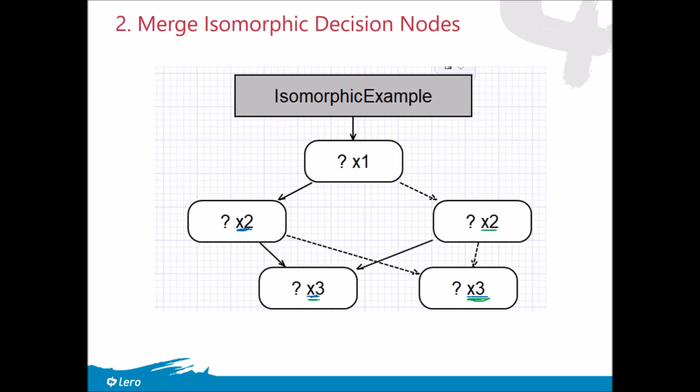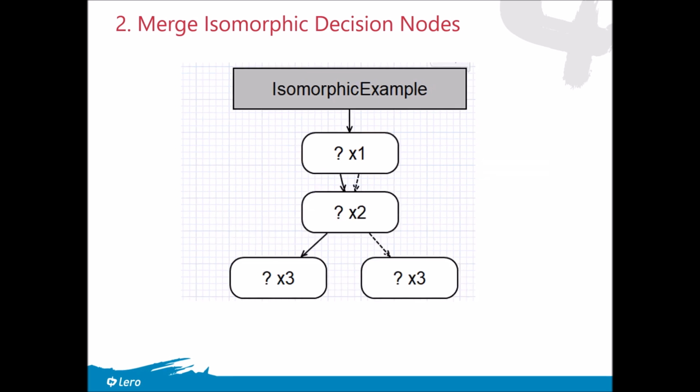Both low pointers go to the same child, both high pointers go to the same child, and they're both x2 parents. This means we can now join these two x2s together, or merge them. So now we have our final decision diagram. Notice we now only have one single x2 parameter, with the then going to x3 and the else going to x3.